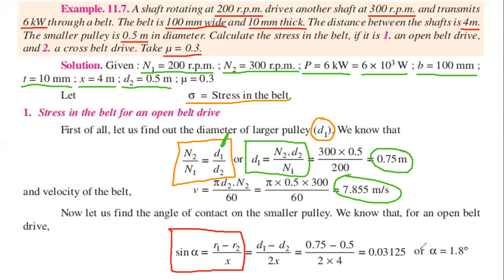By substituting those values, we got alpha is equal to 1.8 degrees.